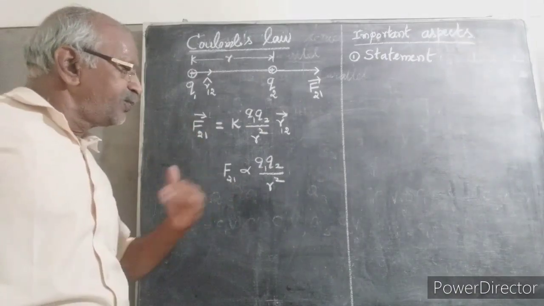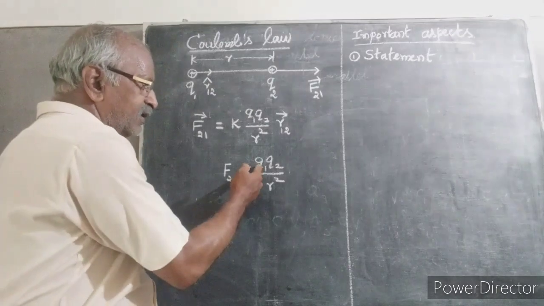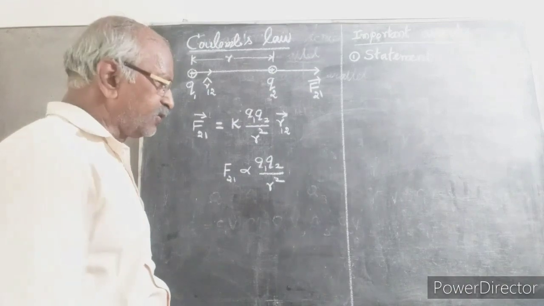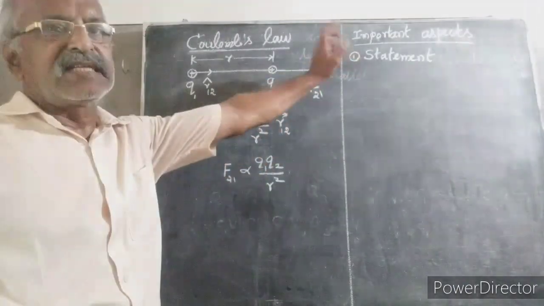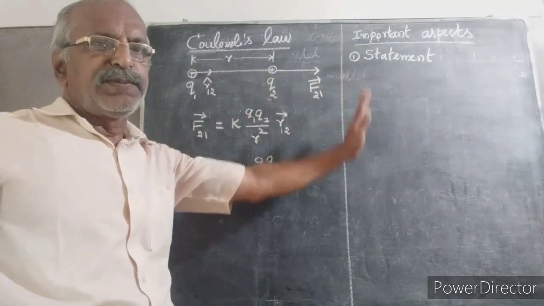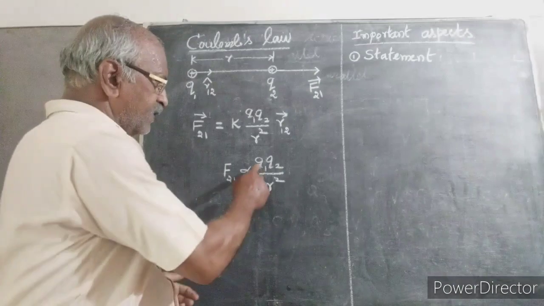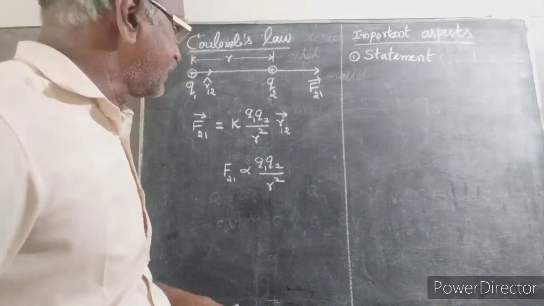The force between two point charges is directly proportional to the product of the charges and inversely proportional to the square of the distance between the charges. So this is the first aspect, statement.